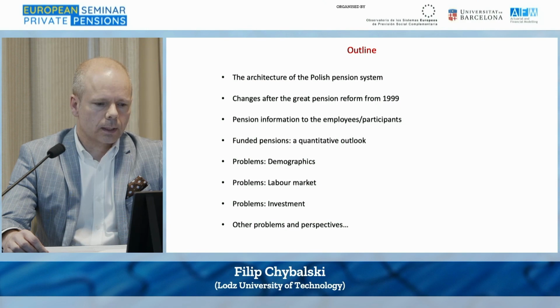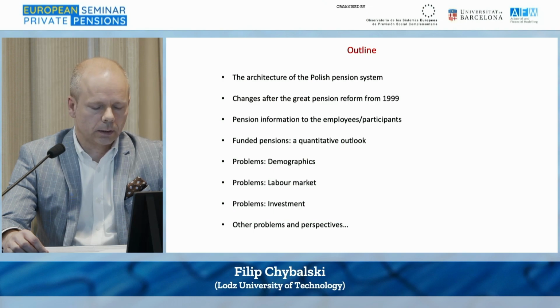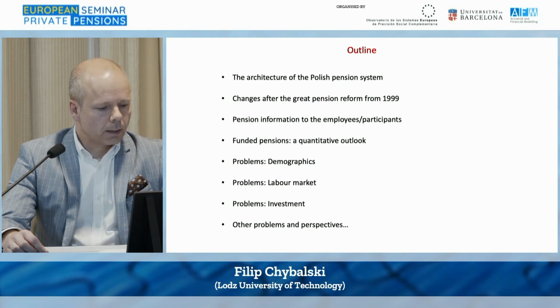Funded pension, a quantitative outlook, and problems. Obviously, there are more problems than presented here. However, I find them the most important: demographics, labor market, and investment. Finally, a brief outlook of some other problems and perspectives.